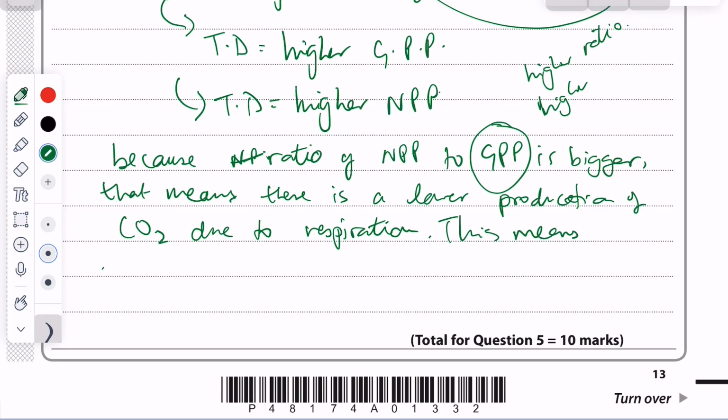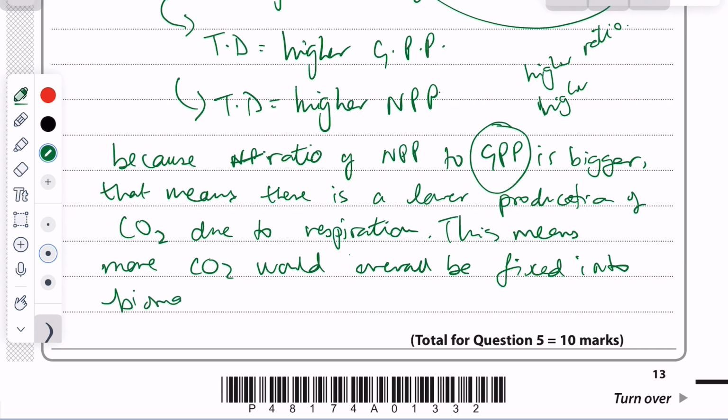This means more CO2 would overall be fixed into biomass.